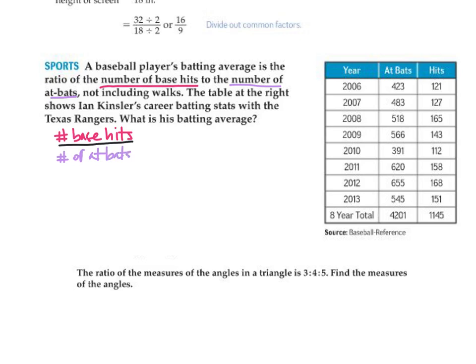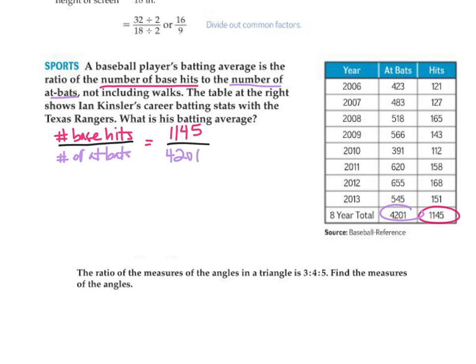Okay. The table at the right here shows Ian Kinsler's career batting stats with the Texas Rangers. We want to know his overall batting average. Okay, so we need to set up that ratio using his total numbers. Okay, so thinking about the ratio we have the number of base hits, which is 1145 over the total number of at-bats, okay, or 4201.